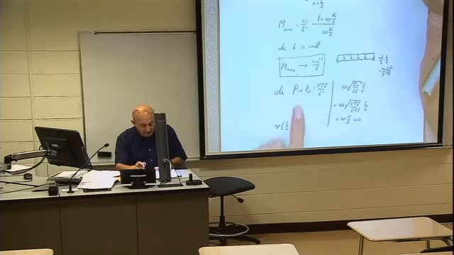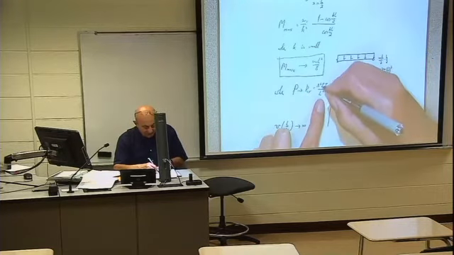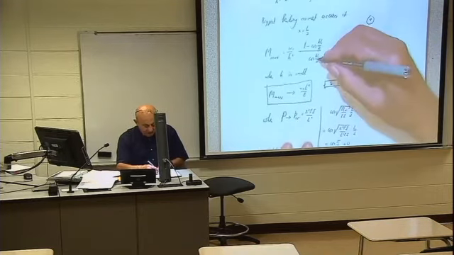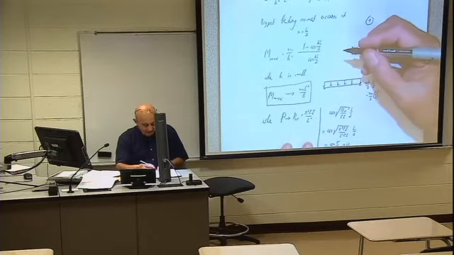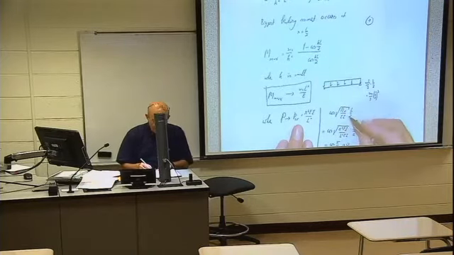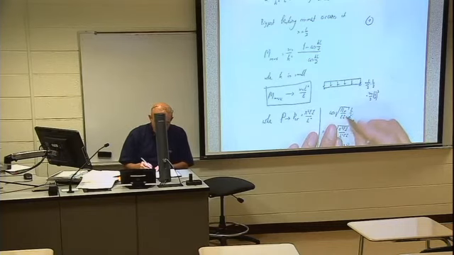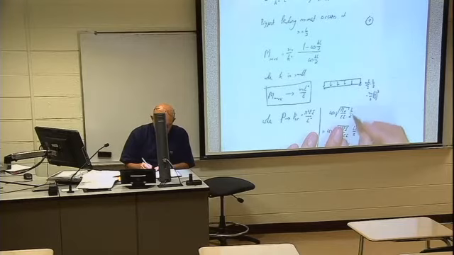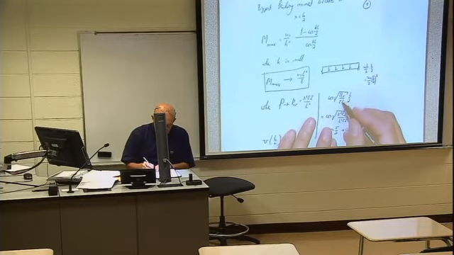Now, when P goes to P critical, that is pi square EI over L square, what happens with this K? Look, please. Instead of K, we will have, okay, what is cosine? So instead of K equals square root of P critical over EI times L over 2, instead of P critical we put pi square EI over L square, and then EI and EI cancel each other.